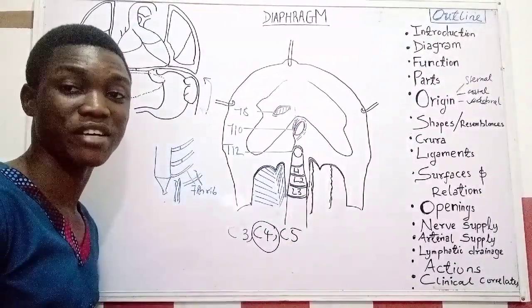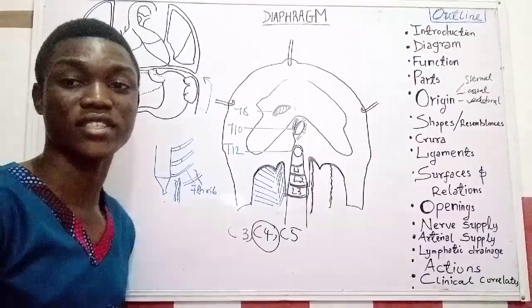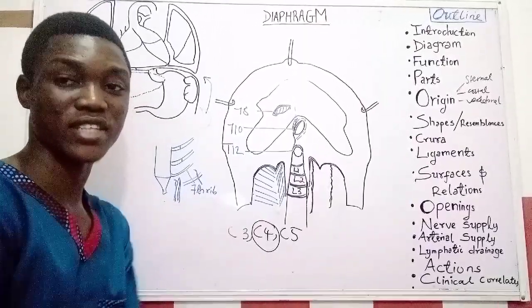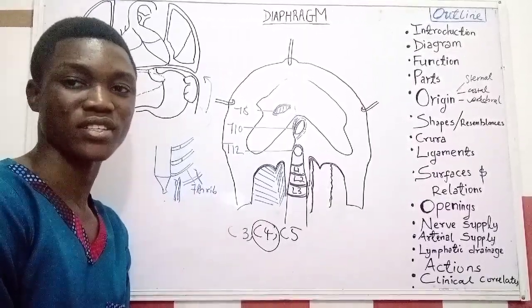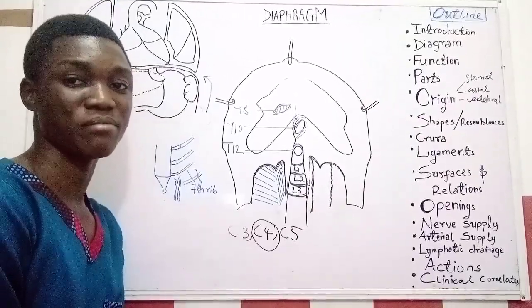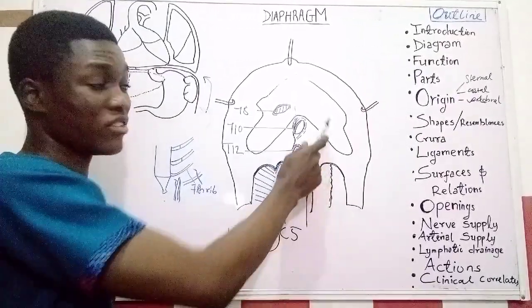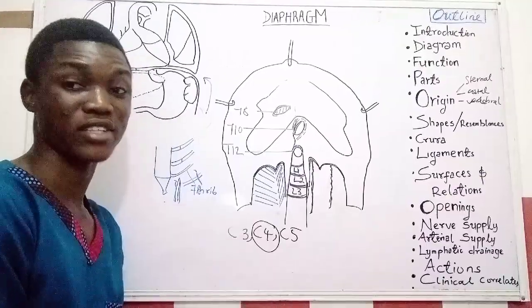The phrenic nerve gives both motor and sensory fibers to the diaphragm. The sensory fibers are supplied mainly to the central tendon, to the pleura and peritoneum.